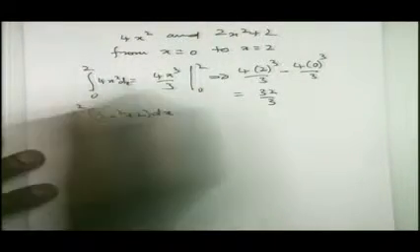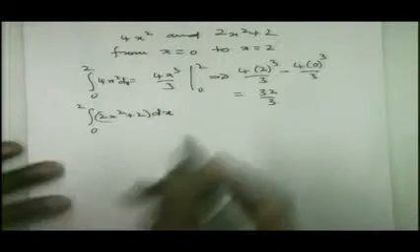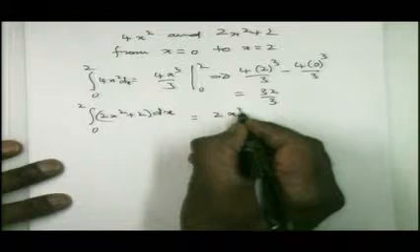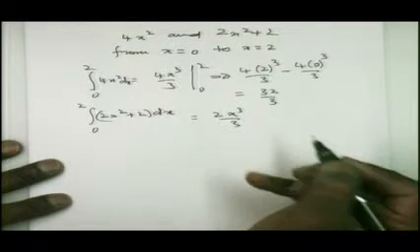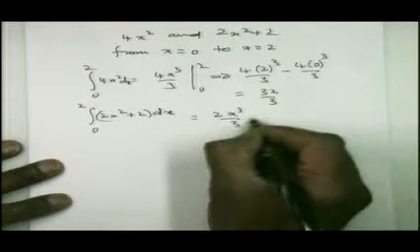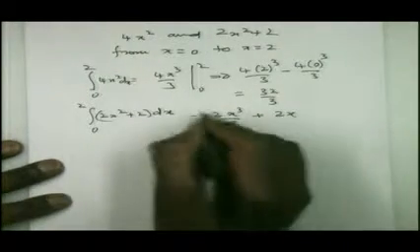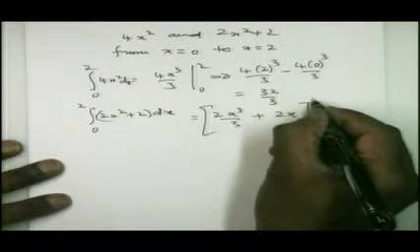When I integrate this, I'm going to get 2x cube over 3 plus 2x, whole under the limits of 0 to 2.